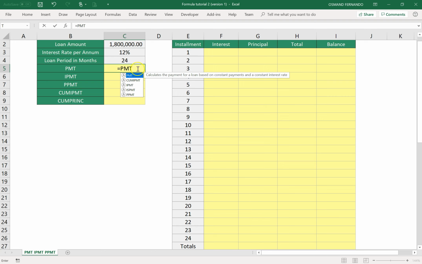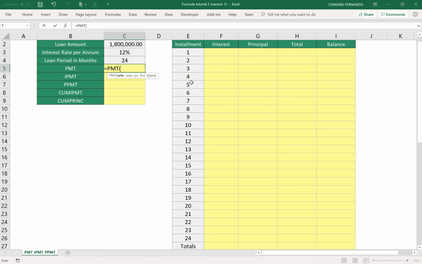That means the interest rate is not changing, and also the monthly installment amount is not going to change. It is fixed, the same amount you are going to pay each month, right? So from PMT we are calculating the installment amount that you have to pay on a monthly basis.